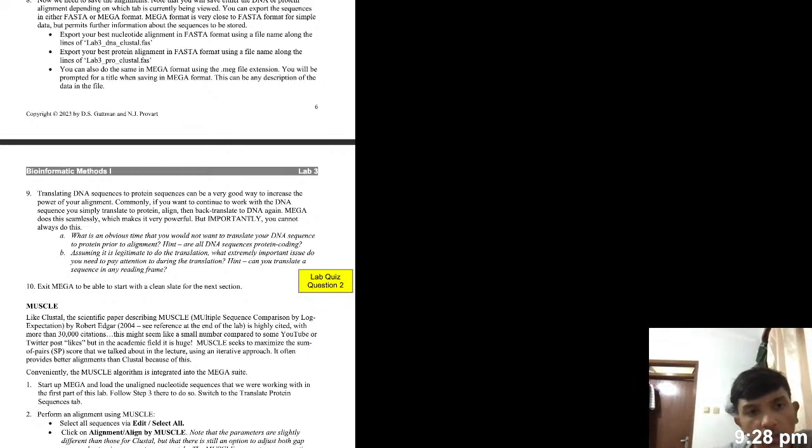So progressive alignment methods are good, fast. But as I mentioned, one of the major problems is the propagation of errors in the initial alignment through the rest of the multiple sequence alignment as it's built.